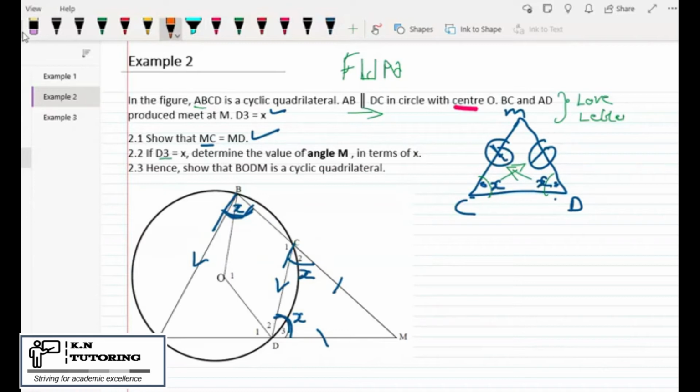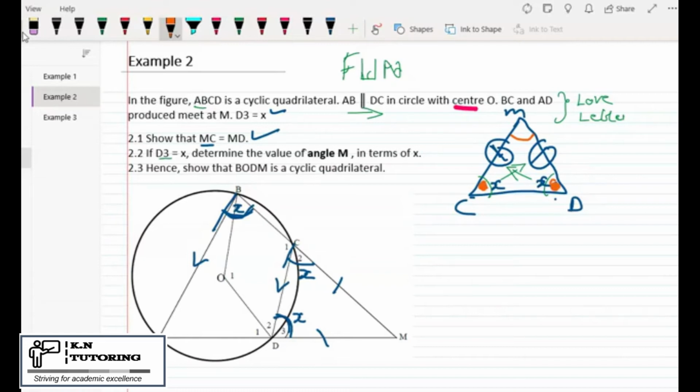If D3 is equal to x, determine the value of M in terms of x. Very, very important. I'm going to use the same diagram. So I've got this as my x. I've got that as my x. I need to determine M in terms of x. What does it mean in terms of x? It means I'm not going to get an answer that says 20 degrees or 50 degrees. I must get an answer that says 20 degrees minus x, 100 plus x, 120 minus x. So it must be in terms of x. Okay? How do I get this?